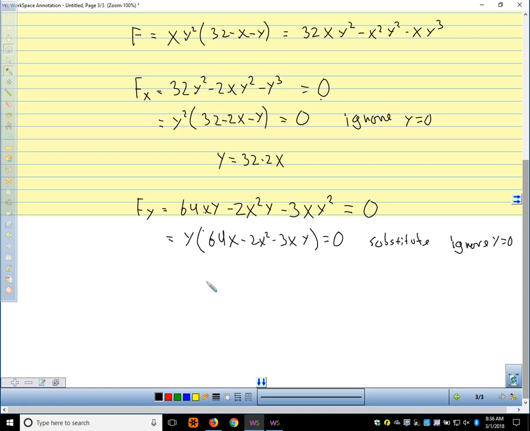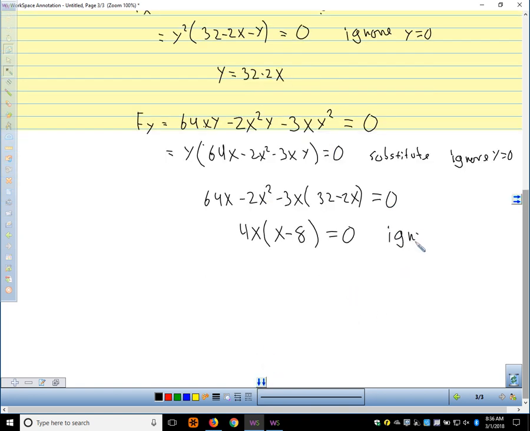So I get 64x minus 2x squared minus 3x times 32 minus 2x, and that equals 0. I can combine like terms and simplify a little bit, and at the end I get 4x times x minus 8 equals 0.